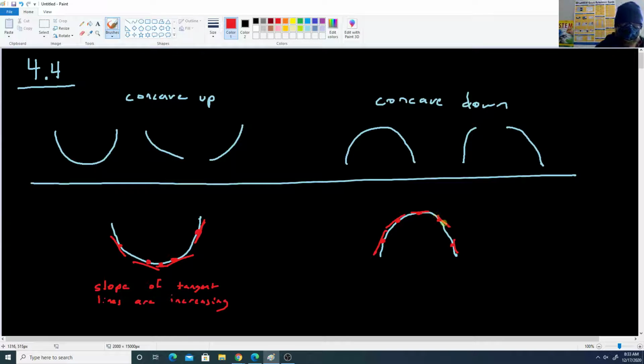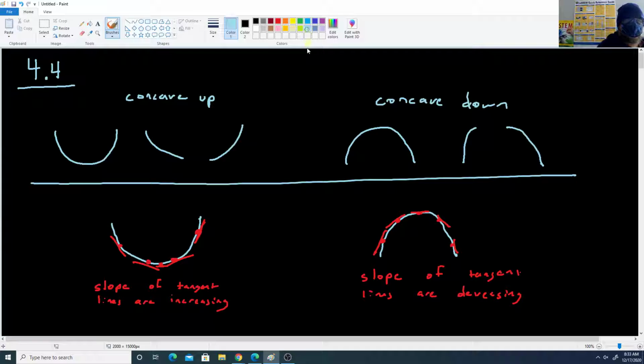We start to get slightly steep again, but we're negative. Then we get really steep and we're negative. So we go from large positive to less large positive to 0 to slight negative to very large negative. And so we can see the slope of the tangent lines are decreasing.